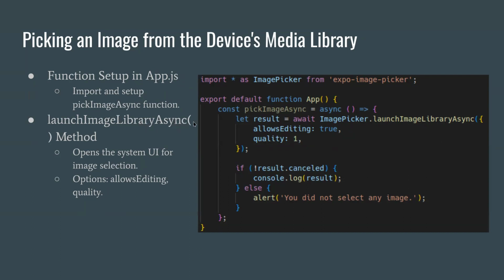And we can see that if the result is not canceled, it's going to console log the result. Otherwise, it's going to give an alert message saying that you did not select any image.